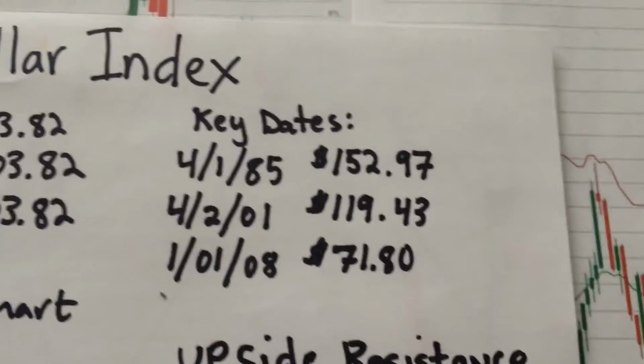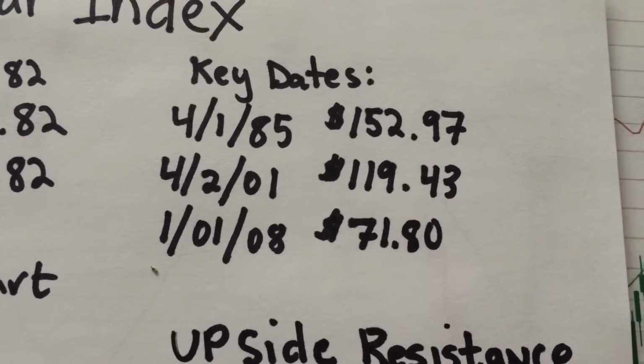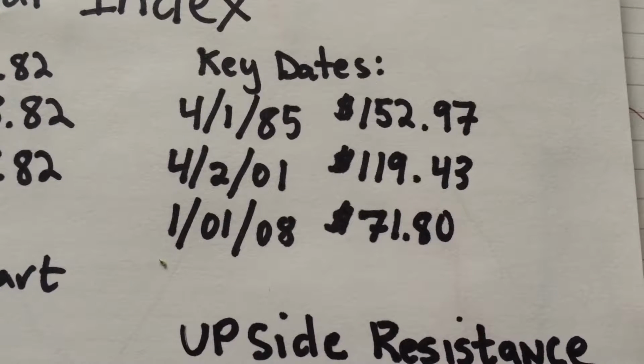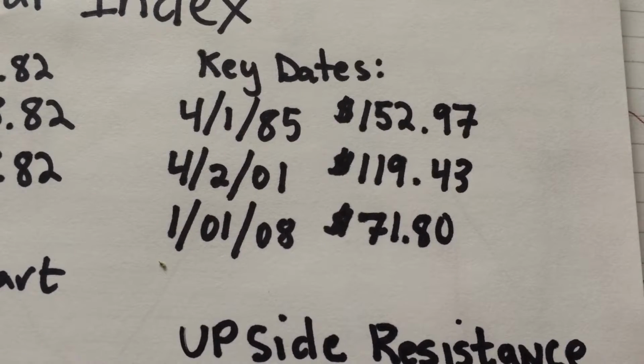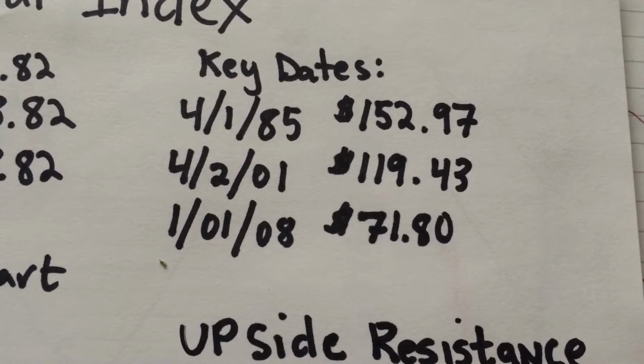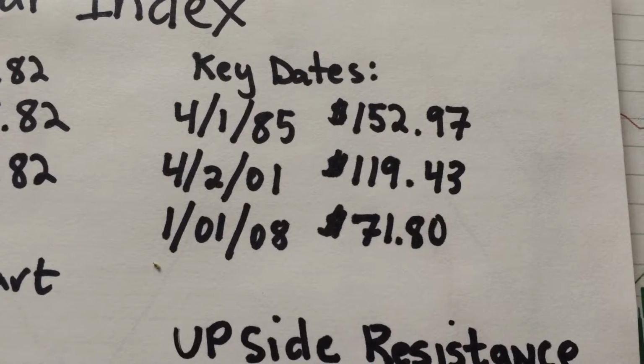So you might ask, where have we been? Is this high or is this low? Going back to 1985, it was 152.97. So there was a dollar bull market between the 80s and 85 where it went up from 100 and some to 152.